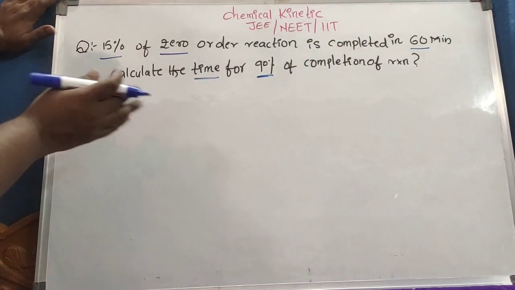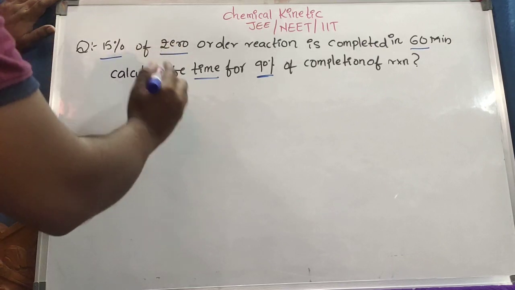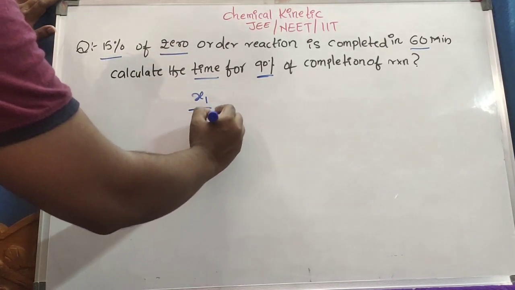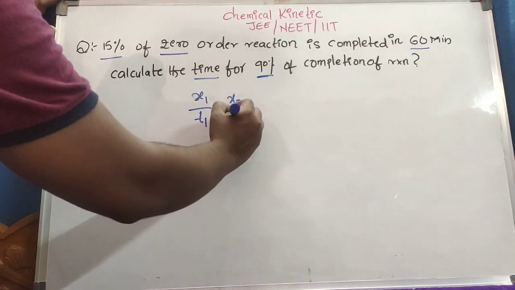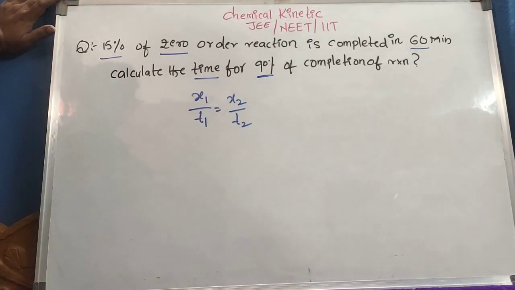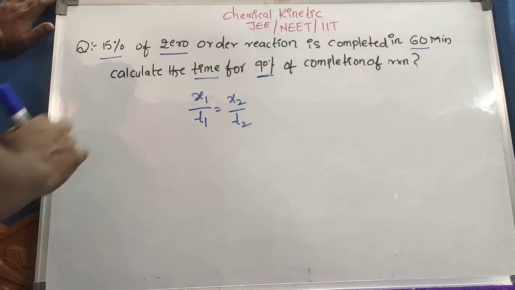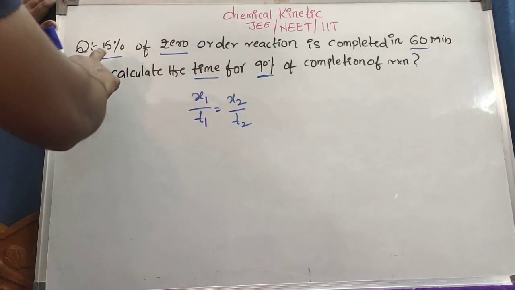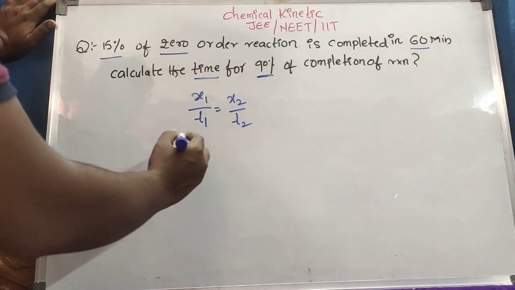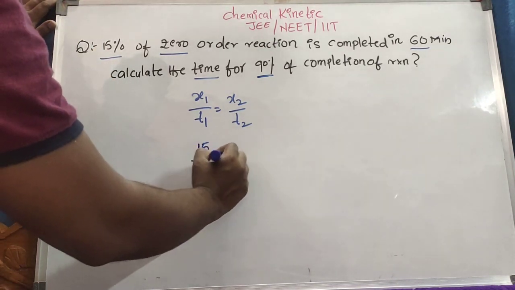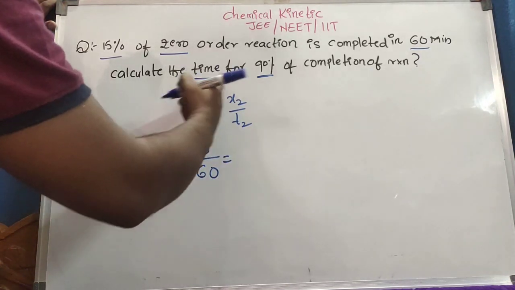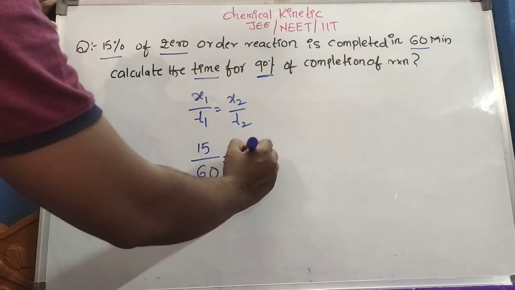For example, zero order reaction means x1 by t1 equals x2 by t2, because k0 equals x by t. X1 is already given as 15%, time is 60 minutes, x2 is also given as 90.